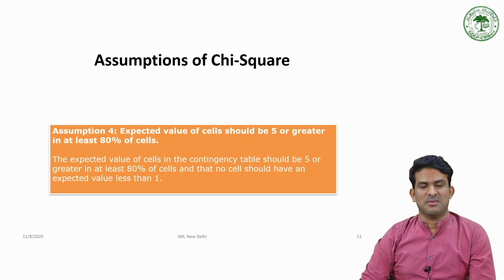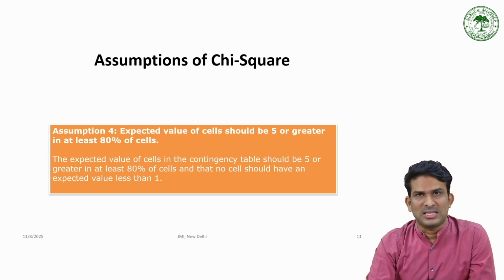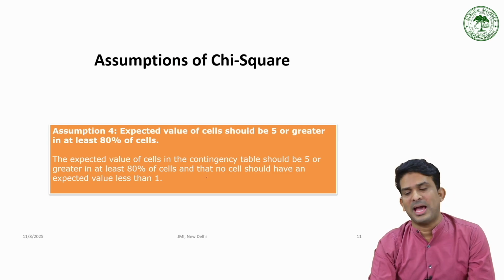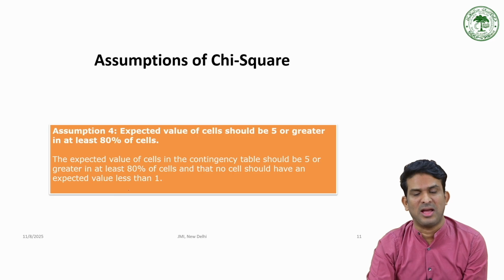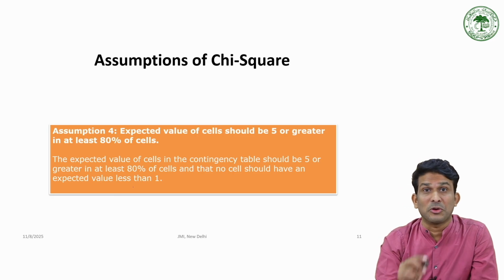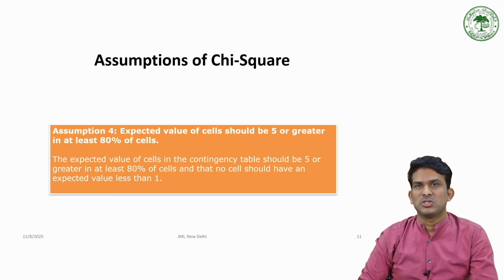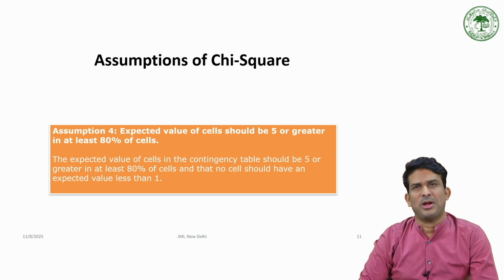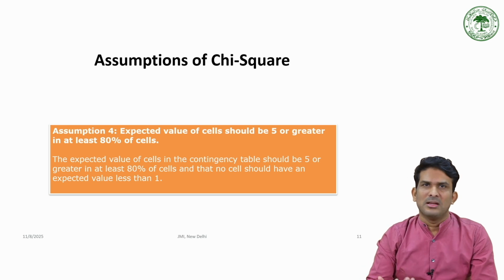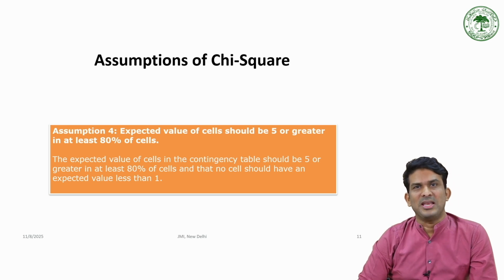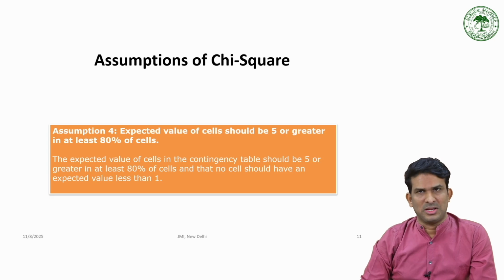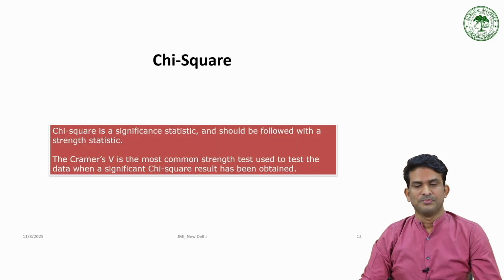The expected values of cells in the contingency table should be 5 or greater in at least 80% of the cells, and no cell should have an expected value less than 1. I am talking about expected value. So, a large sample is required, not a very small sample. Relatively larger sample we need to operate chi-square. Okay, got it.